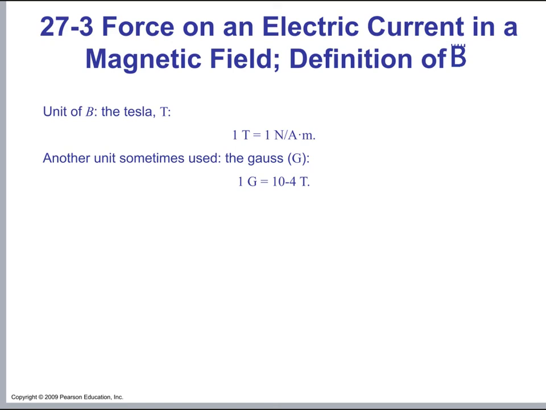There's also another commonly used unit for magnetism, the Gauss, and it's just a metric system thing. It's like converting from centimeters to meters, and if you have it in Gauss or in Tesla, you can convert back and forth using a conversion factor. That 1 Gauss is 10 to the minus 4 Tesla. And by the way, a Tesla is a pretty strong magnetic field. So that's why Gauss are sometimes used, because typically actual magnetic fields are going to be some small fraction of a Tesla.